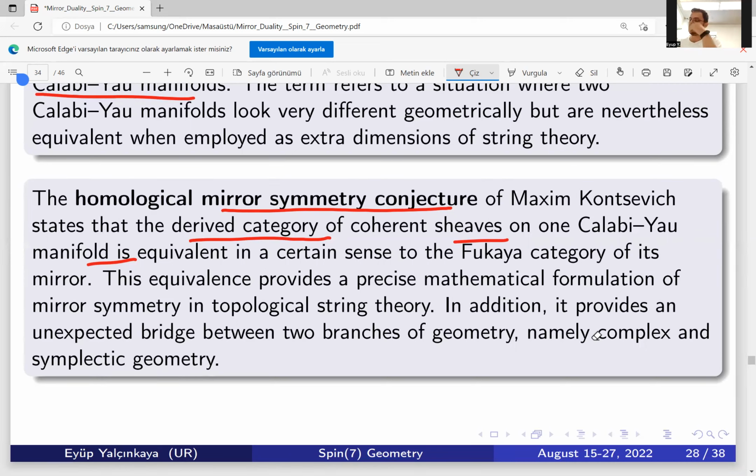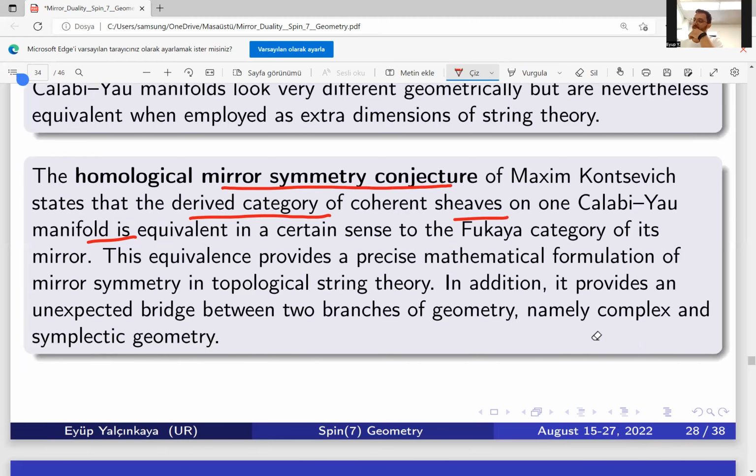We need two Calabi-Yau manifolds for mirror symmetry. Actually, two means you start with one of them, and you construct the other one for the mirror symmetry. These particles satisfy and live in the Calabi-Yau manifold, or Calabi-Yau times the observable.